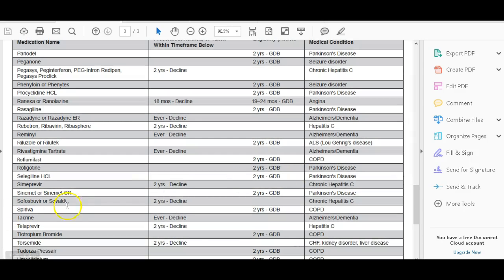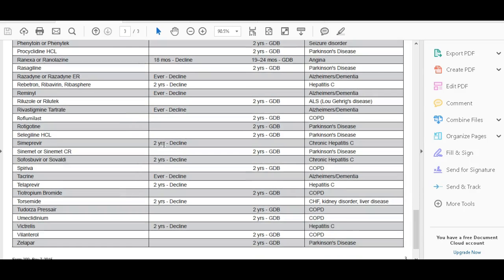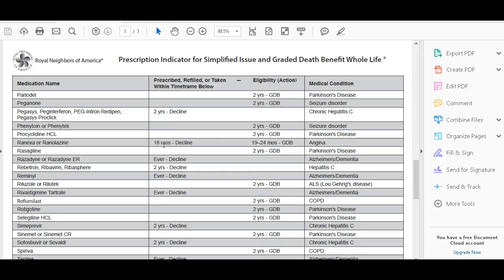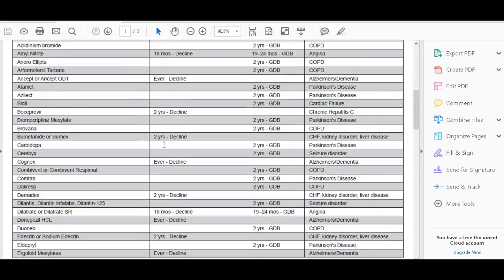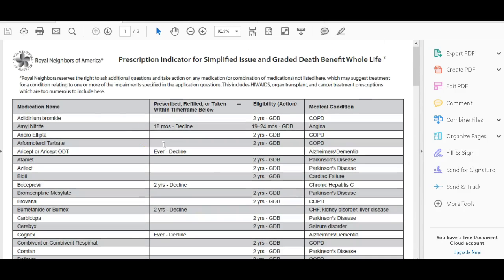So just because they're taking that medication doesn't mean that it's going to be an automatic decline or it's going to be an approval. We have to make sure that we ask the questions. Okay, you are the field underwriter, so you have to ask those questions. So make sure you go through the prescription checklist on all of your clients.